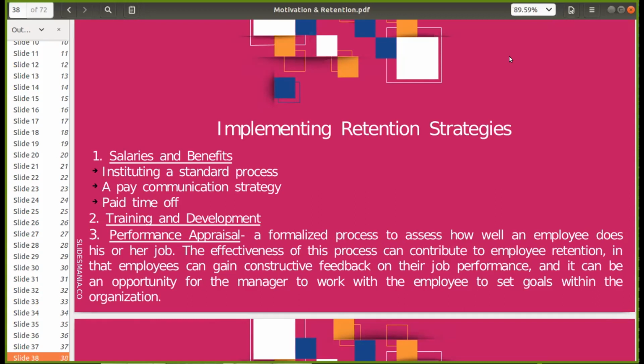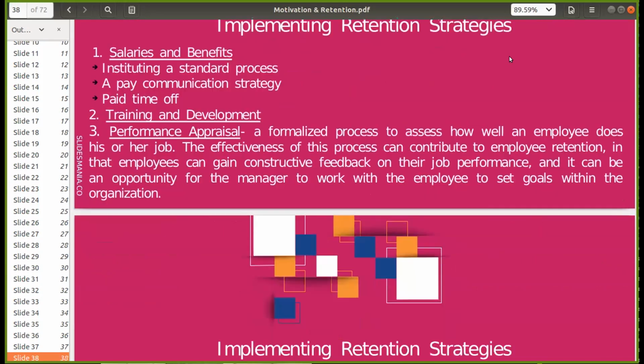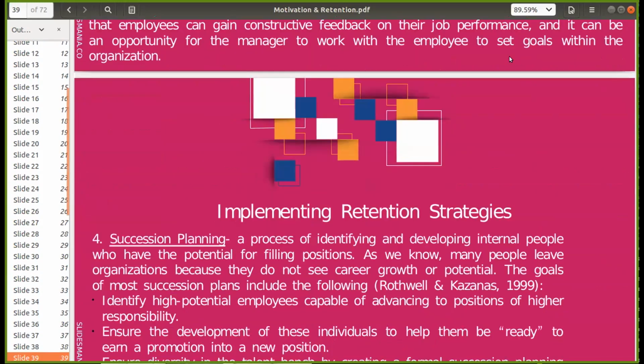Kung hindi naman, of course, constructive criticism, ano pa yung mga pwedeng ma-improve para ma-achieve mo yung mga goals mo sa company.